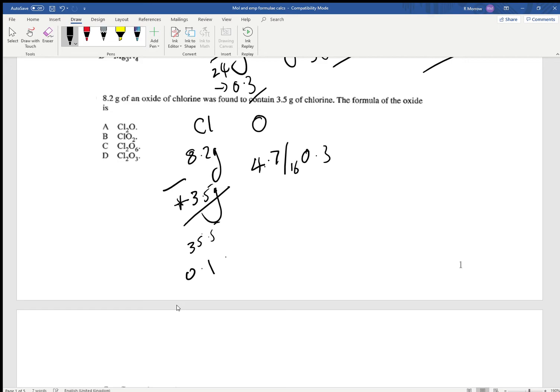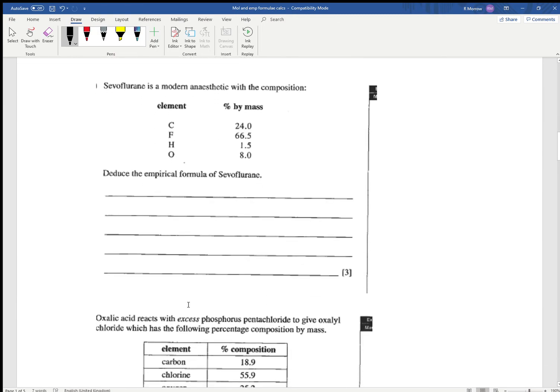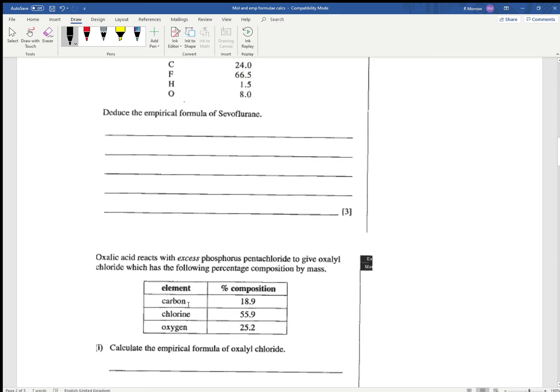So this comes out at a ratio that's fine, a 1 to 3 ratio of Cl to O. So we go over to our answer and see which one is in the 1 to 3 ratio. The only one that's in a 1 to 3 ratio is the 2 to 6, C. So our answer must be C in that particular instance.